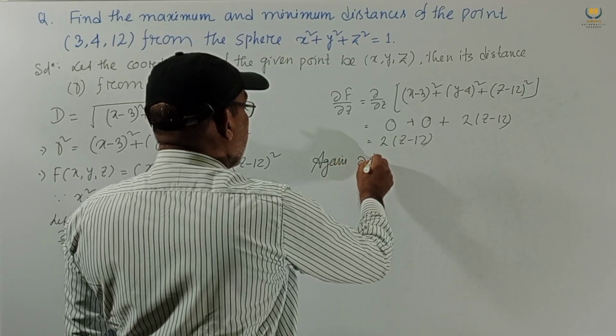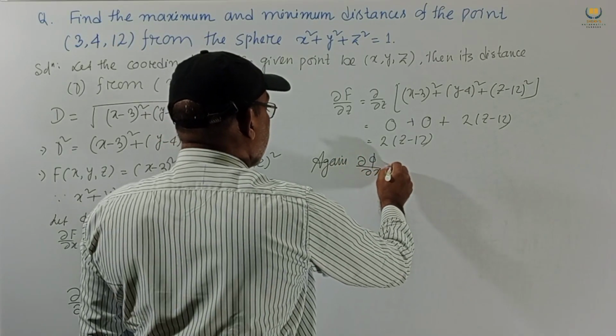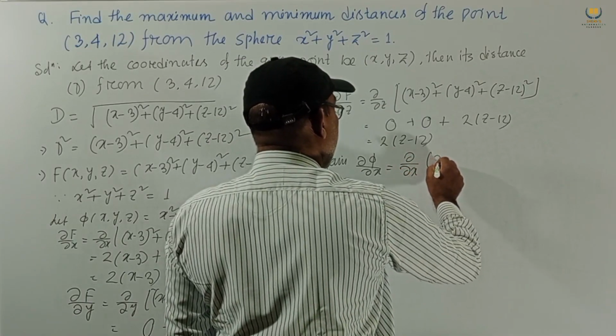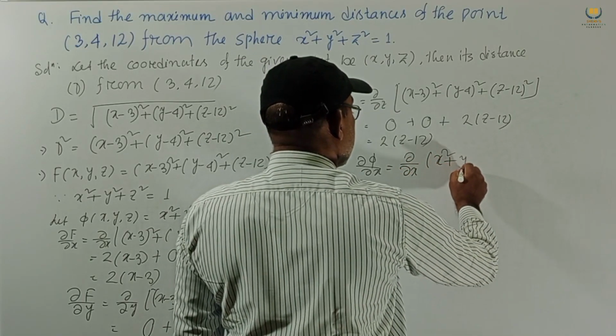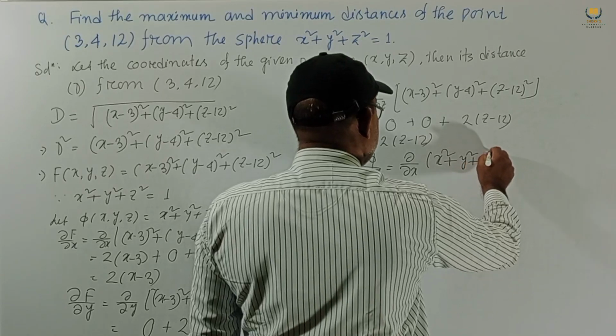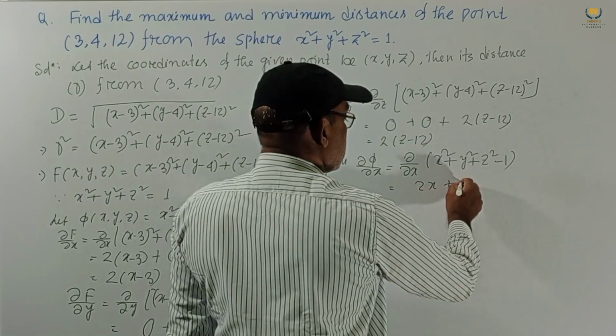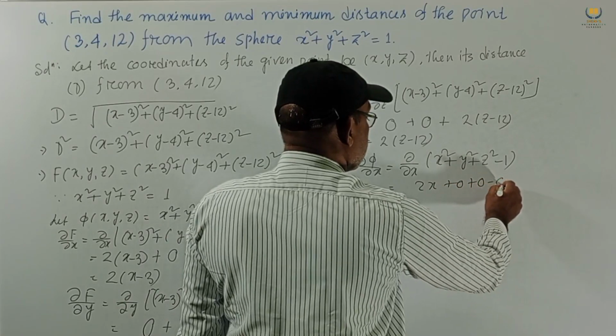Again del phi by del x, where phi is x² + y² + z² − 1. This is twice x, plus 0 plus 0 minus 0.